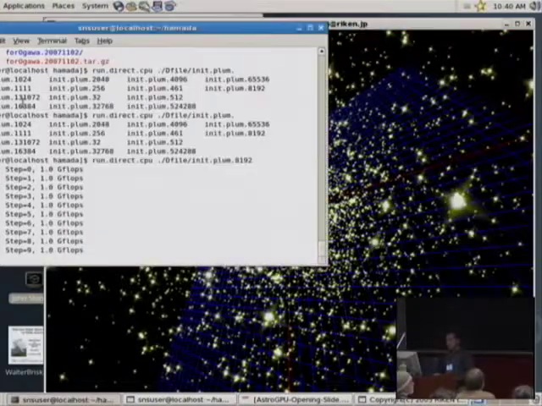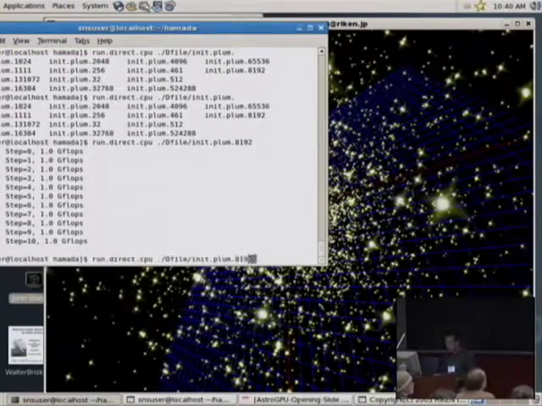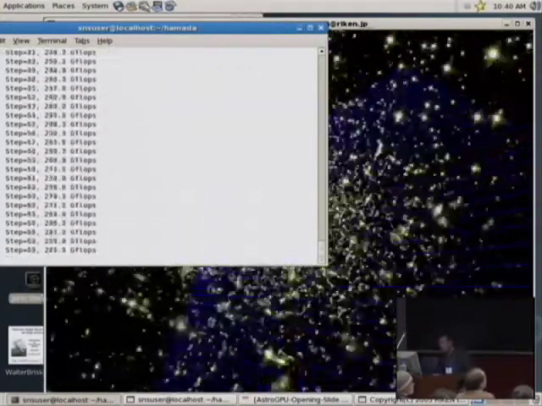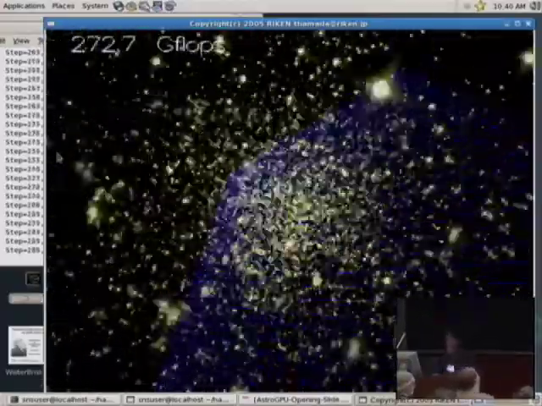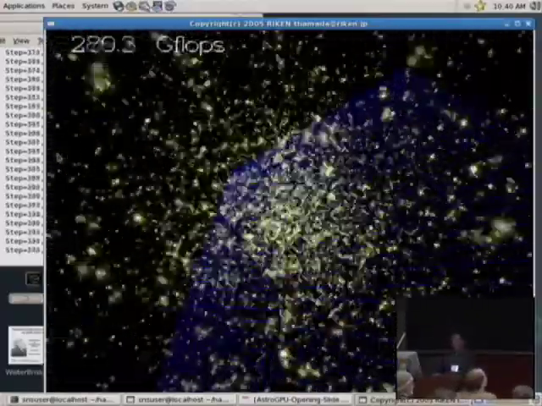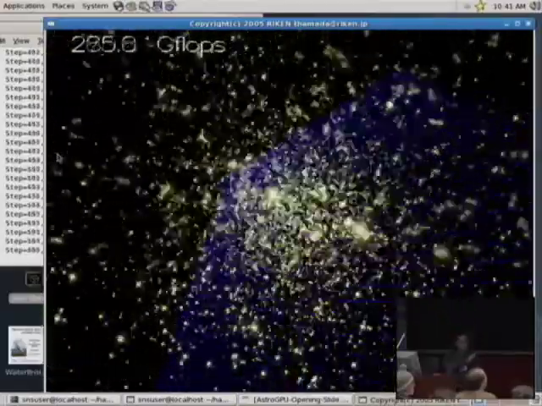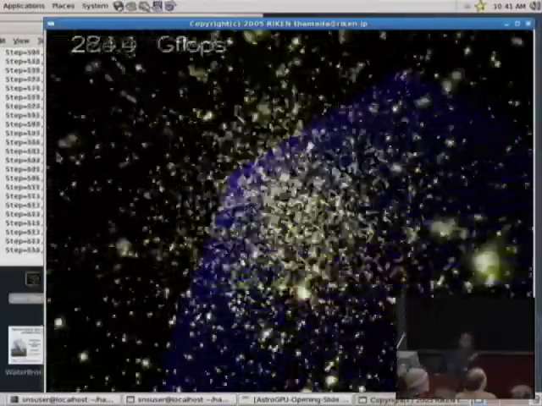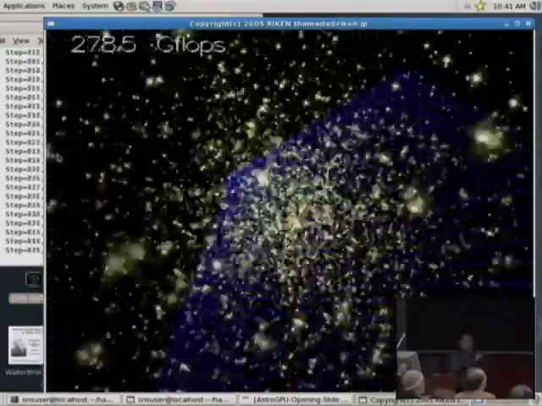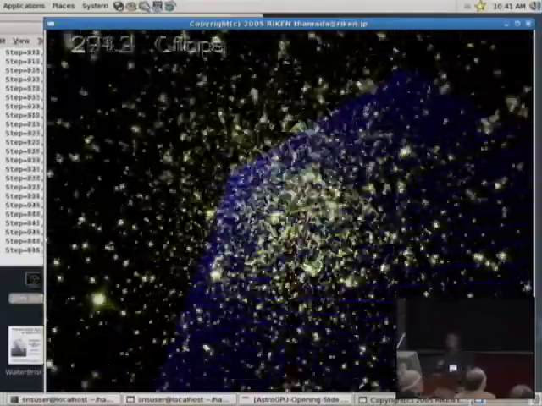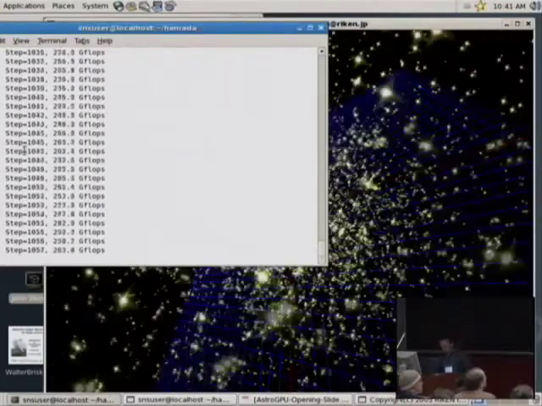So next I will use the GPU. Note that this algorithm is not a practical one: shared time step and direct summation. Just a simple test.